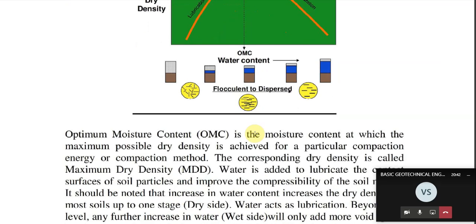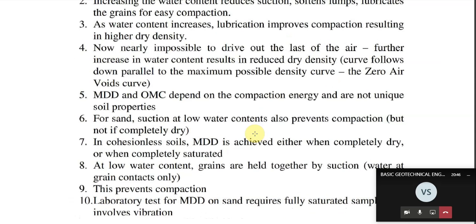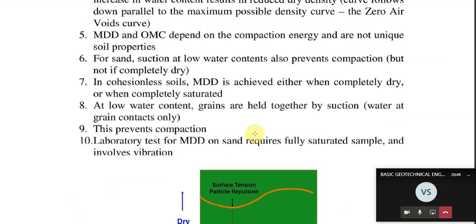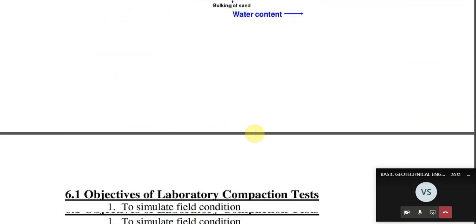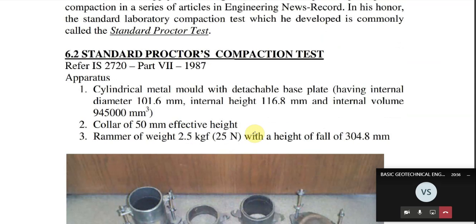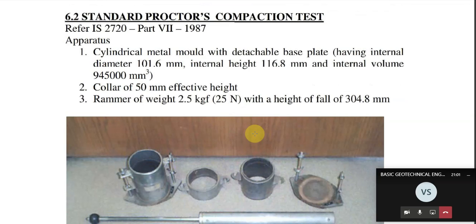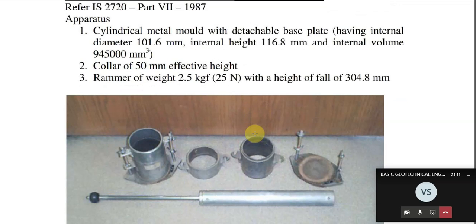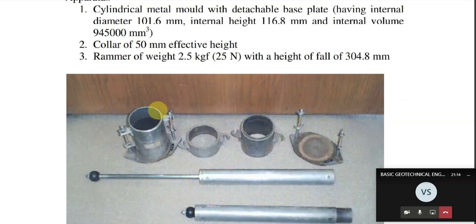Next, to find the maximum dry density and the optimum moisture content, we are conducting compaction tests, and the first test that we are conducting is the standard Proctor compaction test. I had explained to you what a standard Proctor compaction test is. You need a mold.